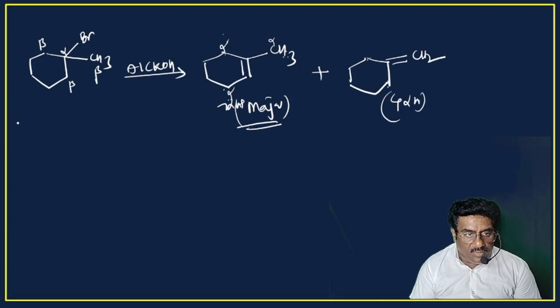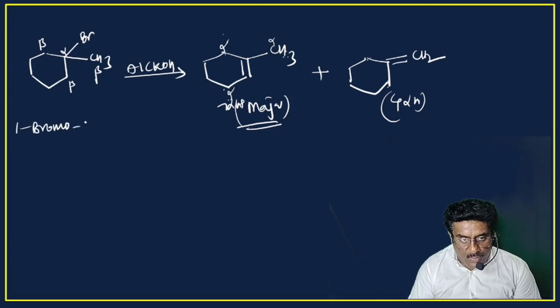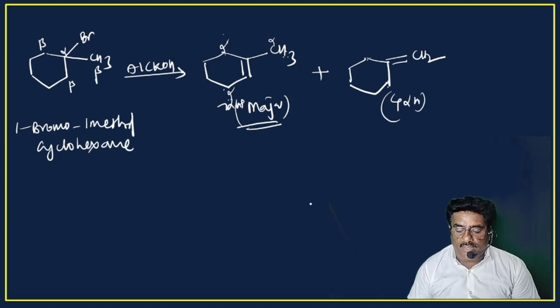What is the name of the compound? 1-bromo-1-methylcyclohexane.